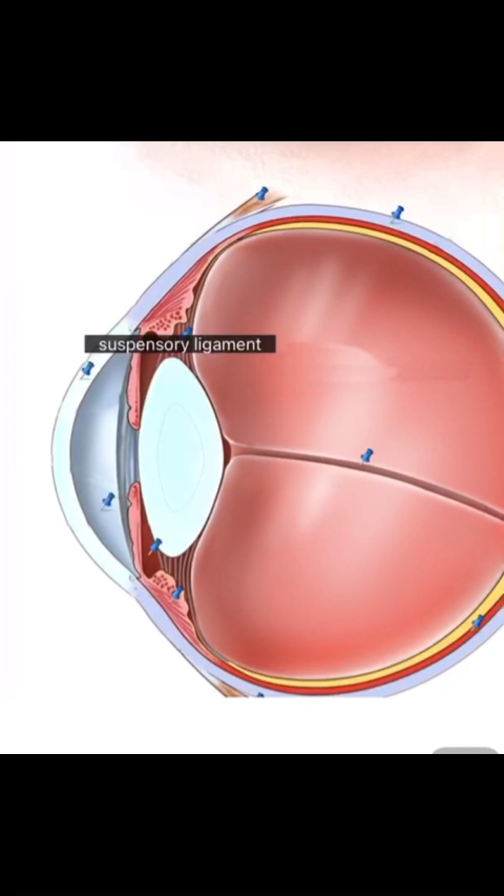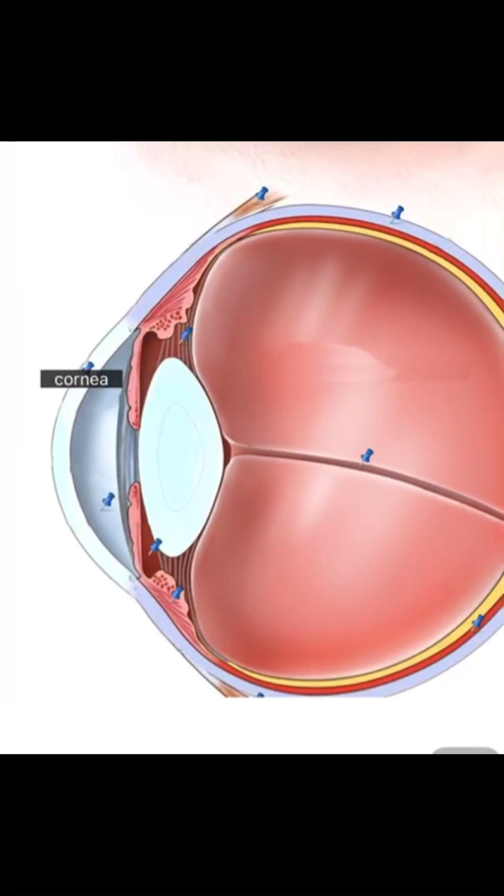Before discussing the function of secretory epithelial cells, I will discuss the segments of our eye. There are 2 segments, the anterior segment and the posterior segment. The anterior segment is the space between the cornea and the lens.